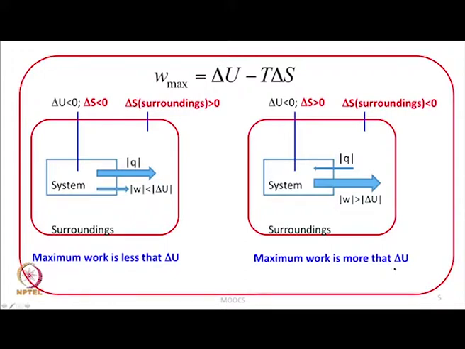Maximum work is more than delta U. So, I hope the situation is clear here: if the entropy change in the system is negative, the maximum work is less than delta U, and if the entropy change in the system is positive, the maximum work is more than the change in internal energy. Let us now discuss an example.